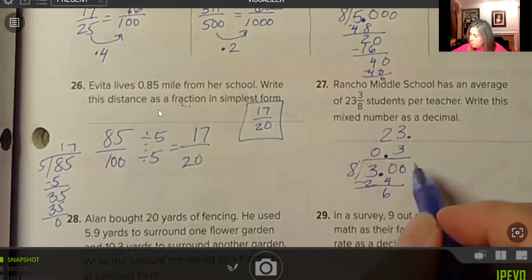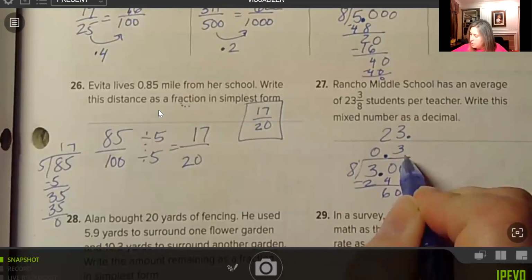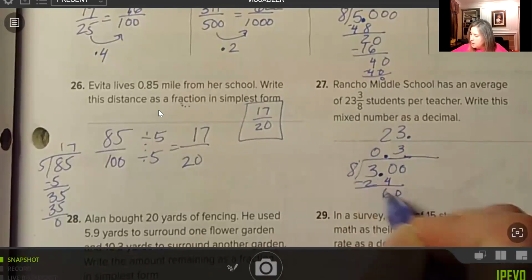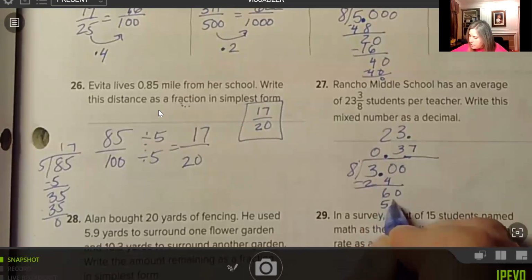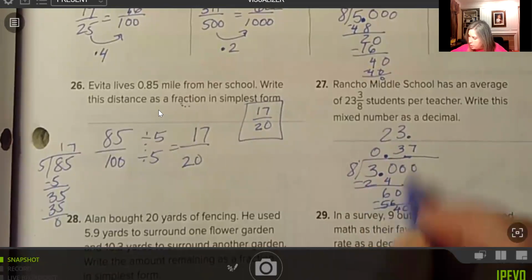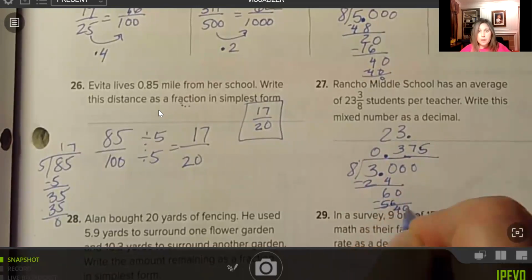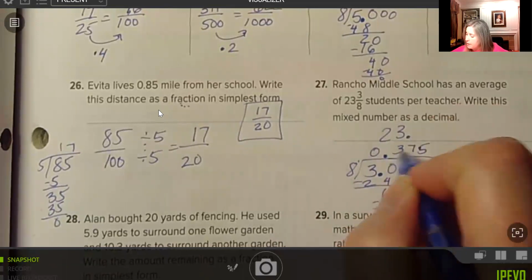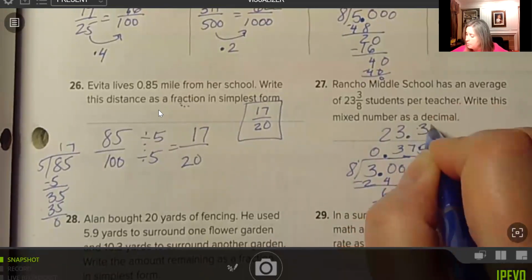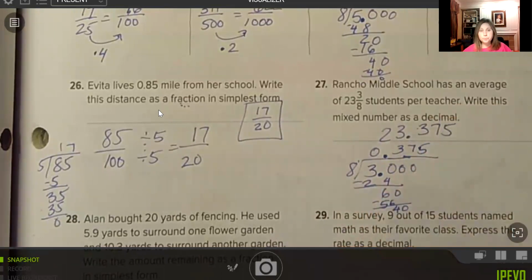Annex another 0, bring it down. 8 can go into 67 times. 7 times 8 is 56, and we get 4. Bring down another 0. 8 can go into 40 5 times, and we get a remainder of 0 here. So 0.375. So 23.375 is the decimal equivalent to 23 3/8.